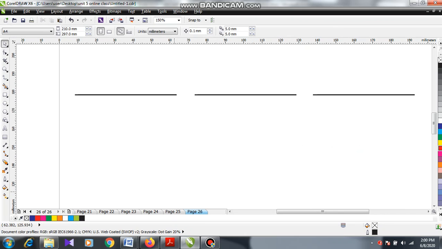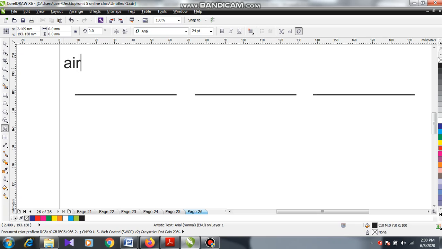In all three interfaces, there is air outside.